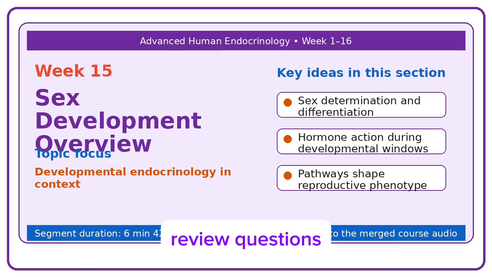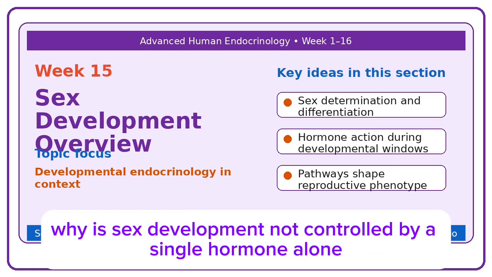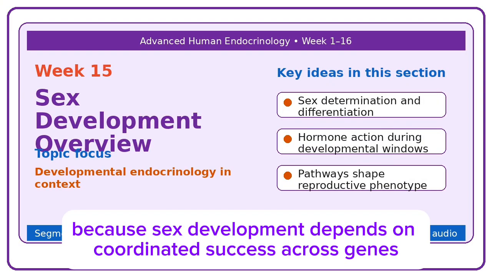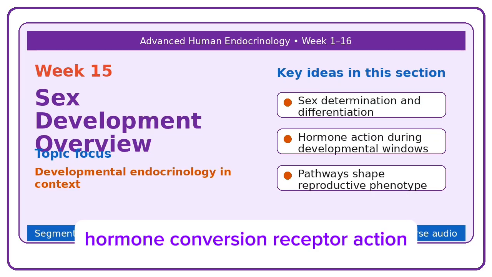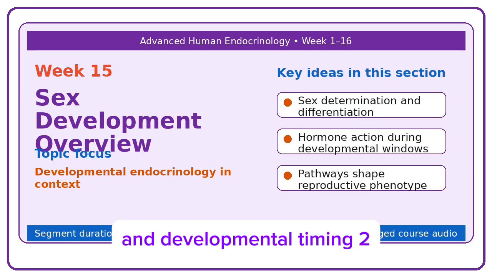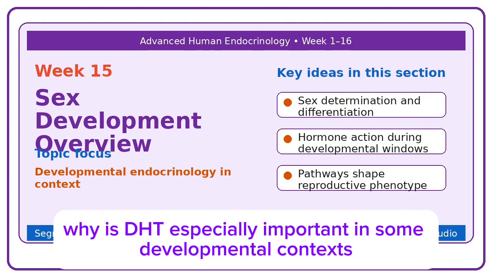Three review questions. 1. Why is sex development not controlled by a single hormone alone? Because sex development depends on coordinated success across genes, gonads, hormone production, hormone conversion, receptor action, and developmental timing. 2. Why is DHT especially important in some developmental contexts?